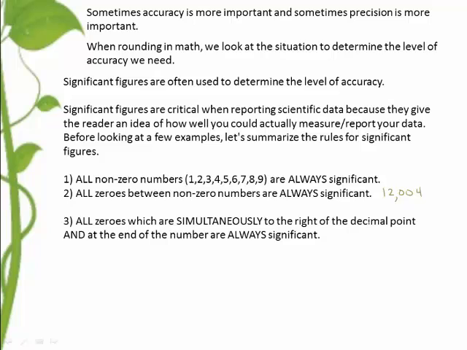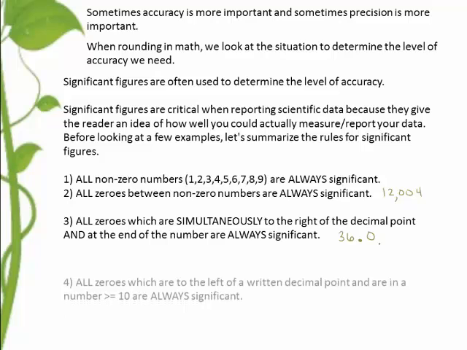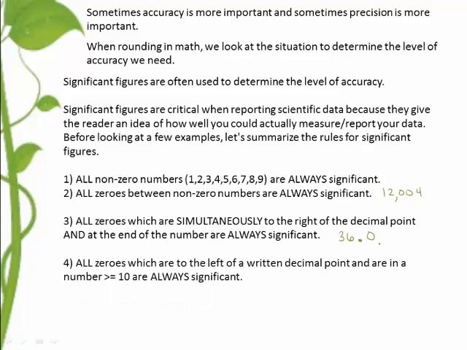For an example, I'm at the right of the decimal point and I'm at the end of the number, so that is significant. Zeros which are to the left of a decimal point are significant. So if I write 3600 and I put a decimal point, that makes the zeros significant. If I do not put a decimal point, they are not significant.